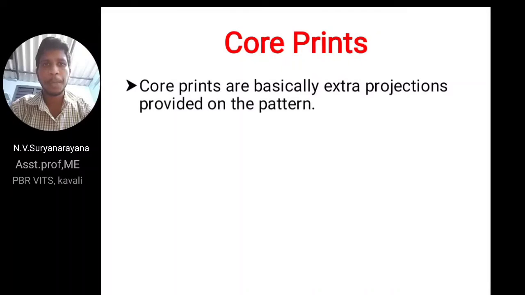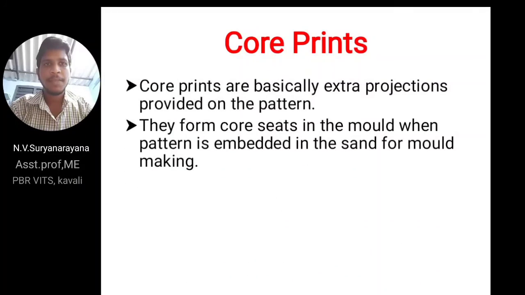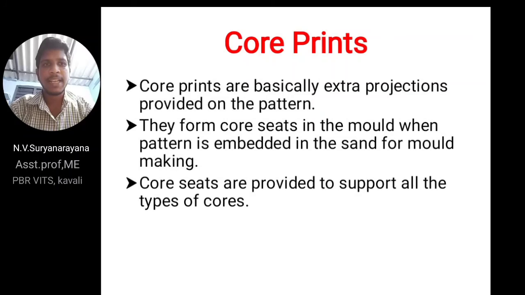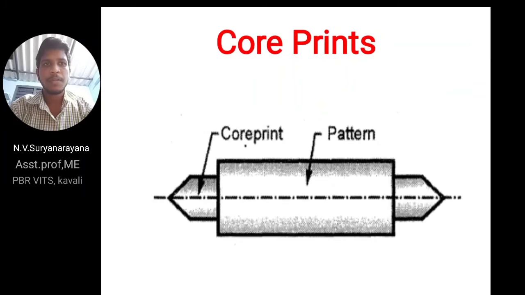Next, about core print. What is a core print? Core prints are basically extra projections provided on the patterns. They form core seats in the mold when the pattern is embedded in the sand for mold making. In the next slide, I am showing the core print.